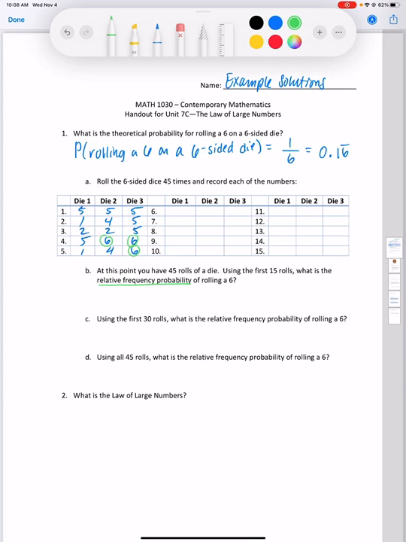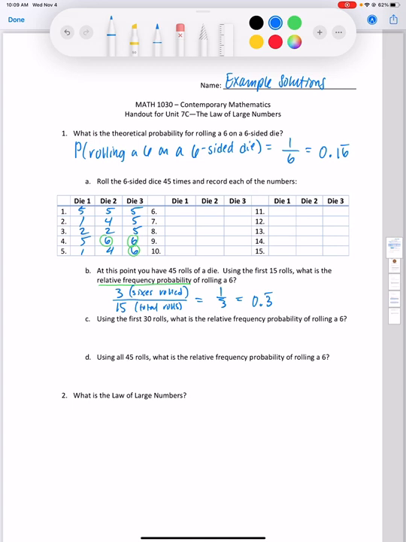So we take 3 6s and divide by total rolls. There are 15 total rolls. That's going to equal 1/3, which is equal to 0.3 repeating.